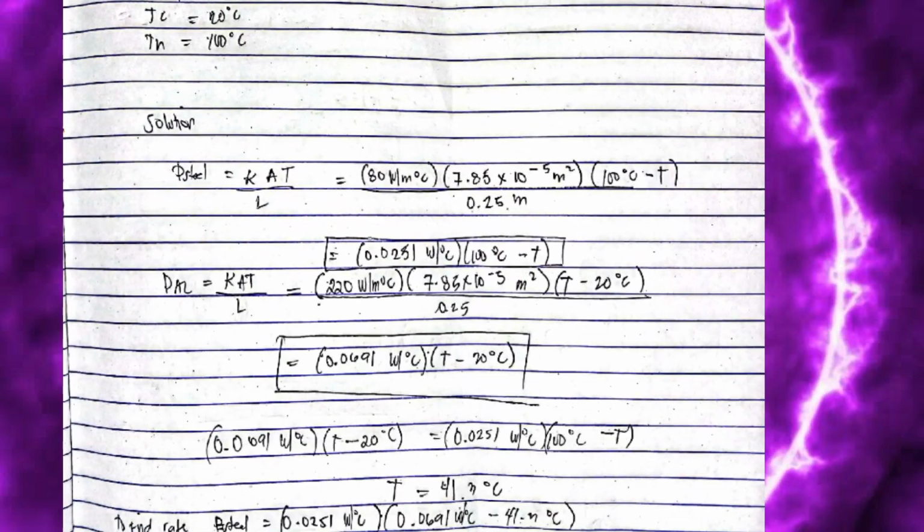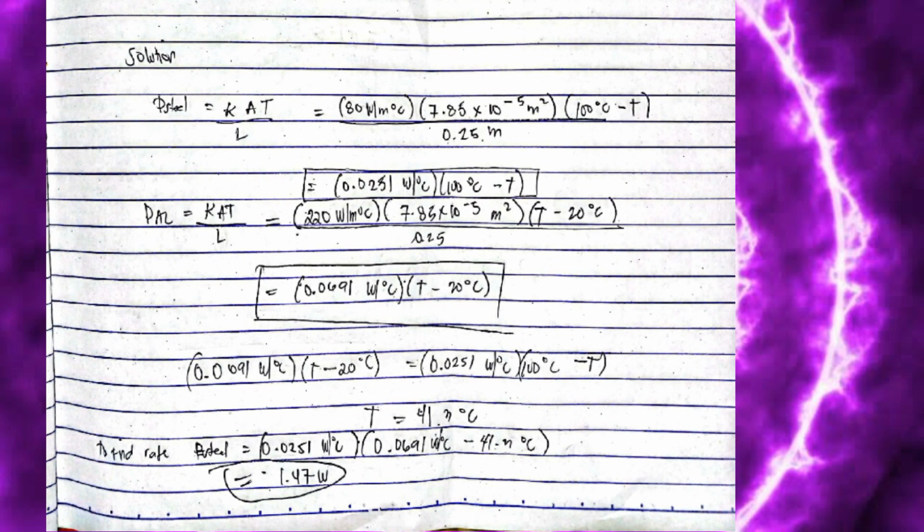So, solution. We use the equation of P, the power rate of the steel, is equal to thermal conductivity times area times temperature difference divided by length.